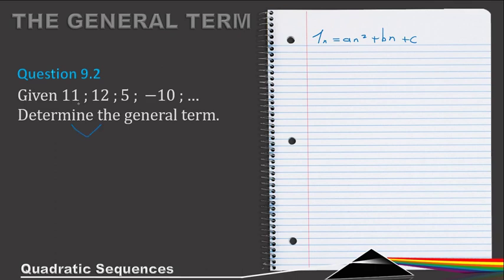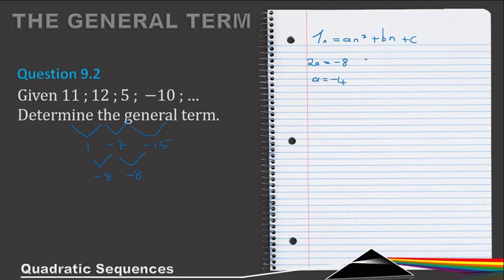So going back to the question, this was 1, this was -7, and this one was -15. And then my second difference is -8 and -8. Okay, so 2a is equal to my second difference, which is -8. So a is equal to -4.